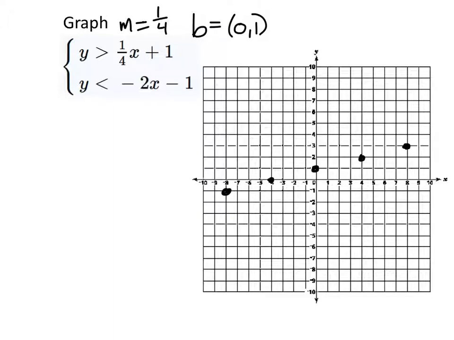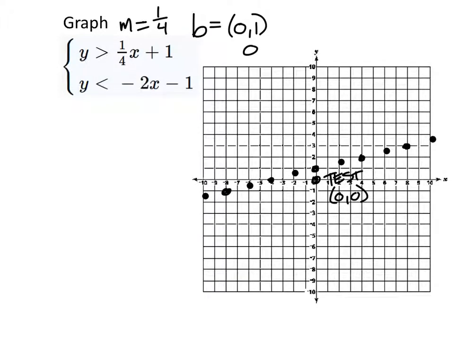All right. Well, I'm going to use the dotted stuff, something like this. There we go. That's pretty good. I mean, especially for an electronic device. But now I need to test the point 0, 0. So I am going to test 0, 0.